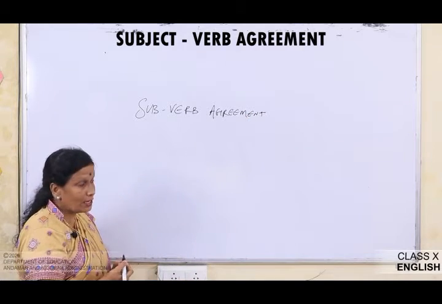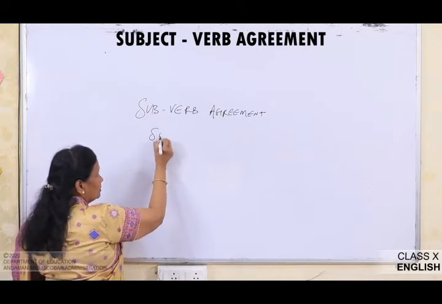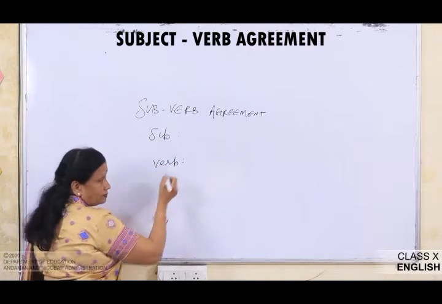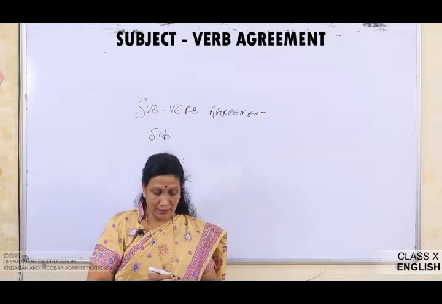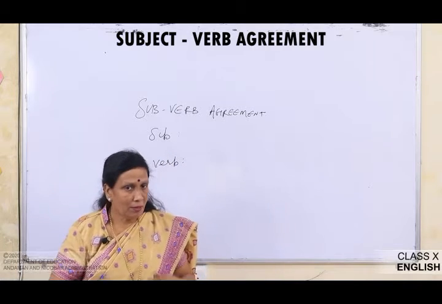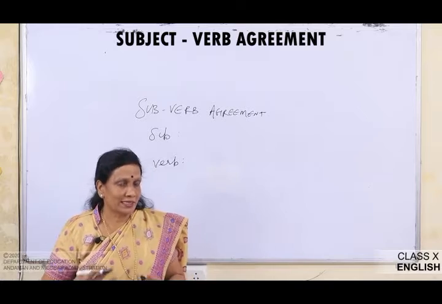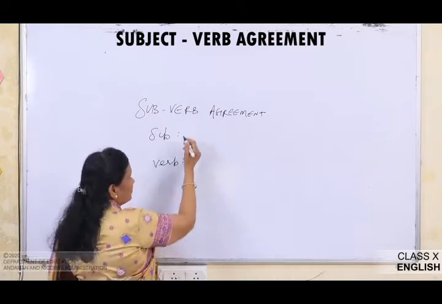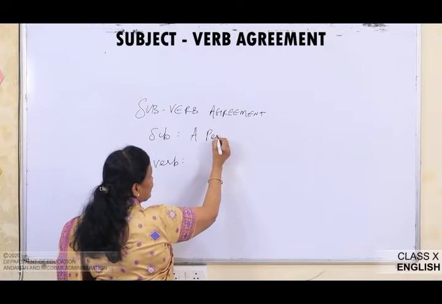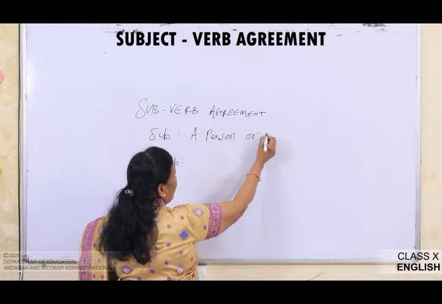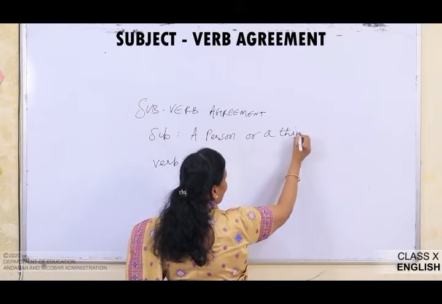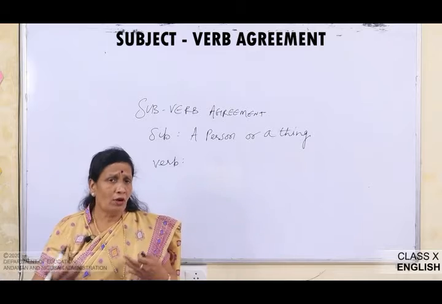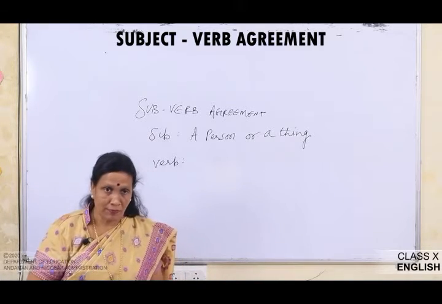Okay. Children, you have learnt about subject and verb in your primary and middle classes. But still let us try to understand very quickly what is a subject. Subject is a person or a thing that is being considered, shown or being talked about.